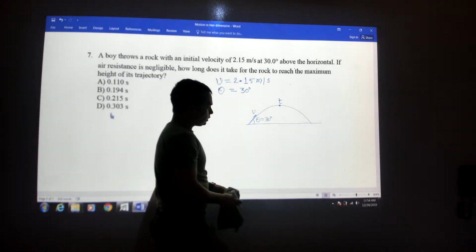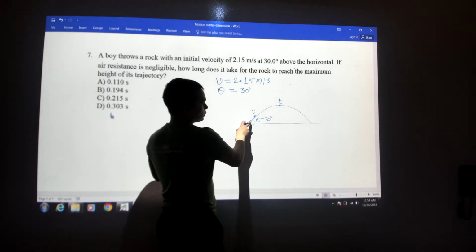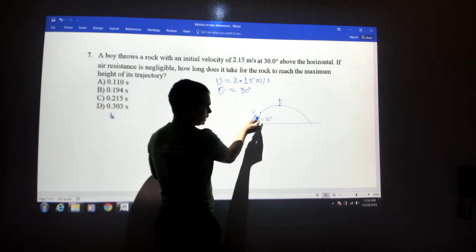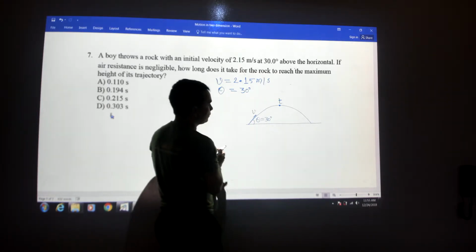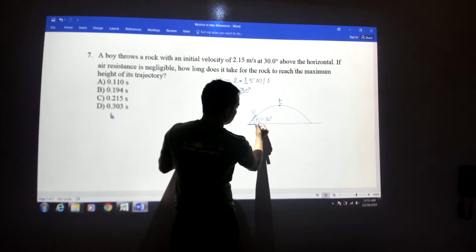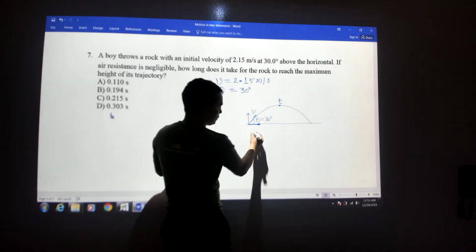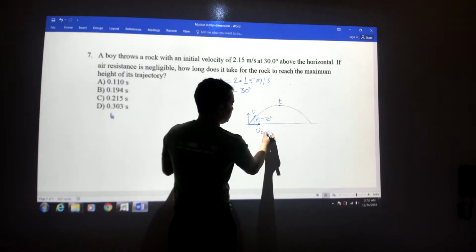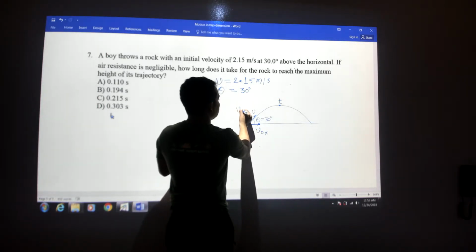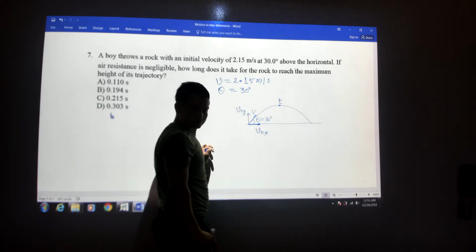So whenever I have this velocity at an angle, I can always resolve it into two components, one along the x direction and one along the y direction. So this is the x component, Vox, and this is the y component.